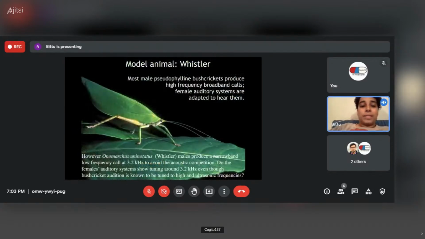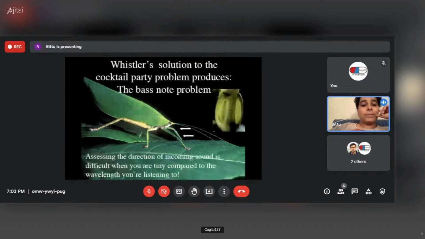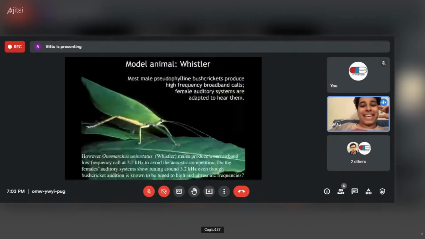I've worked largely on a particular animal that has evolved a beautiful alternative to these various calls in the forest, called Whistler. And if I play you the song, you'll see why we call this animal Whistler. It's a beautiful animal. This photo was taken by Natasha Matre.